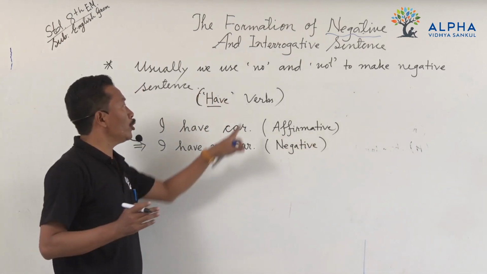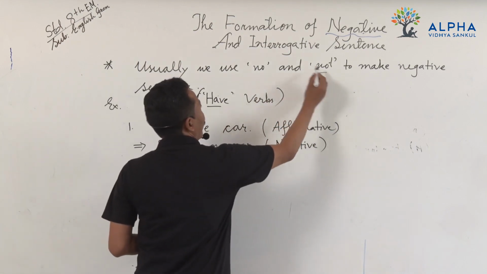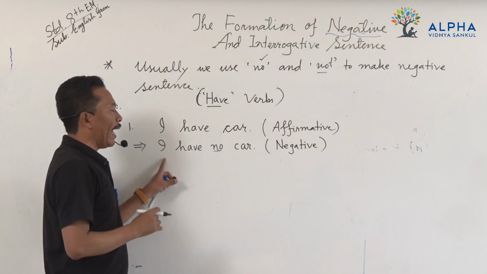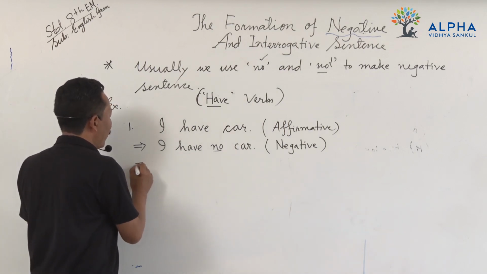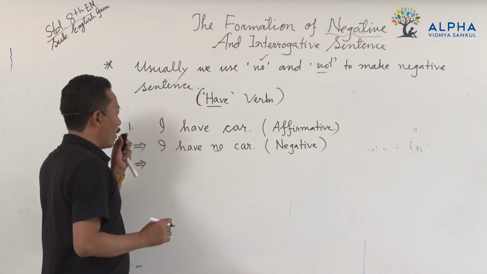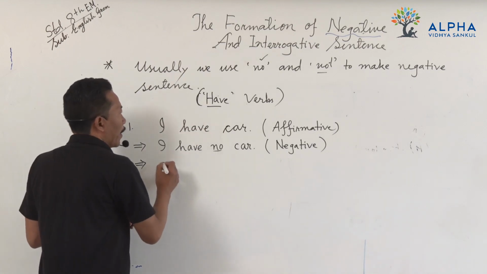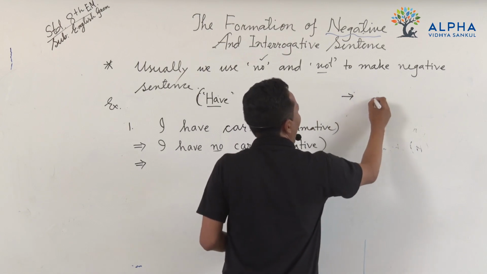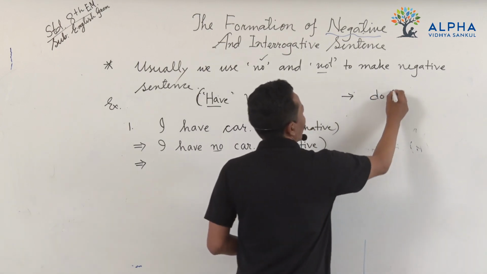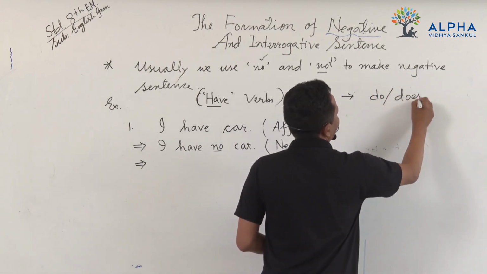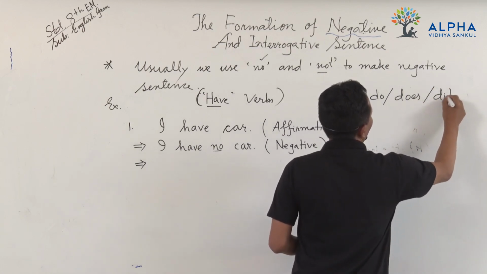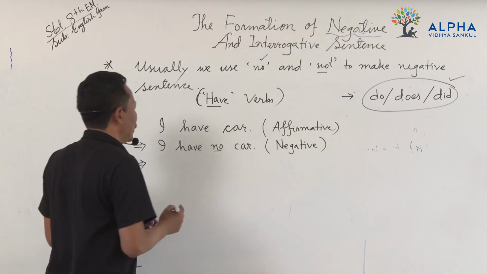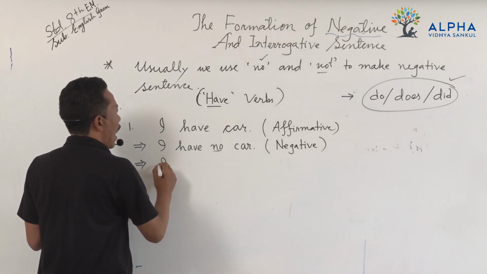Here we don't use not. We have to use no. But this is not the end of the answer. We have another option, by using do, does, or did. We have to use this do verb. Do, does, did.